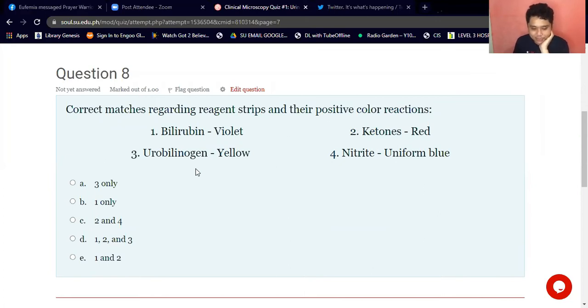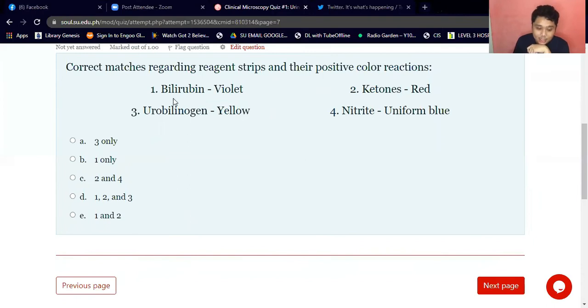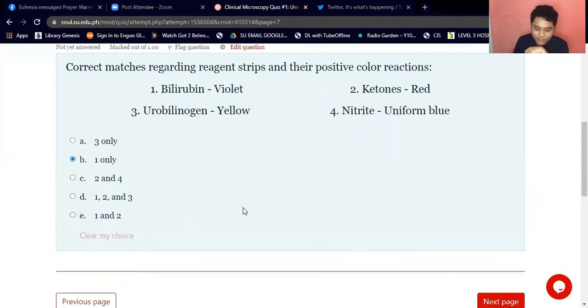Urobilinogen, yellow is positive? No, pink. Nitrite, positive uniform blue? Uniform pink, any shades of pink. So the only correct one is violet.